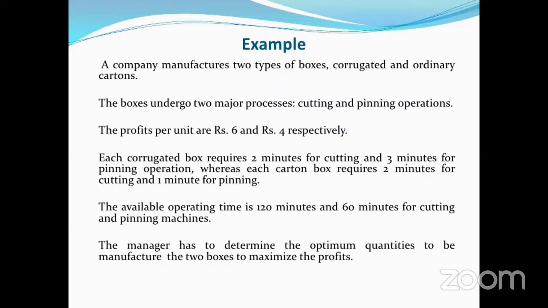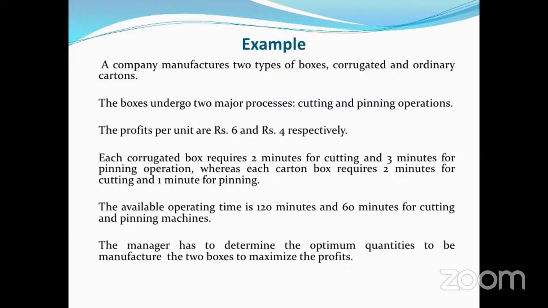Within this limited time, we have to produce two types of boxes, which take different times on different machines. Right? Yes. And the manager has to determine the optimum quantities of the two boxes to be manufactured to maximize the profit. So what is his aim?